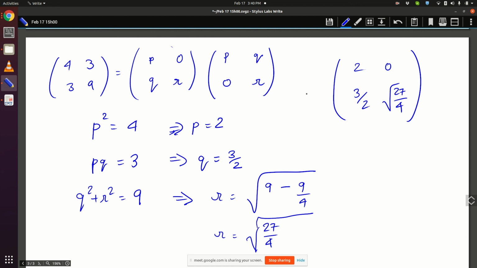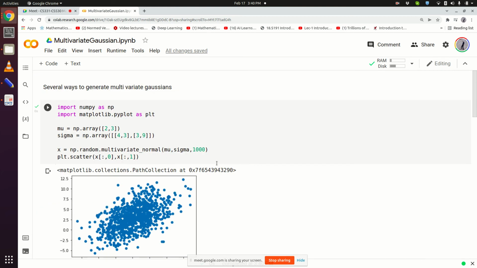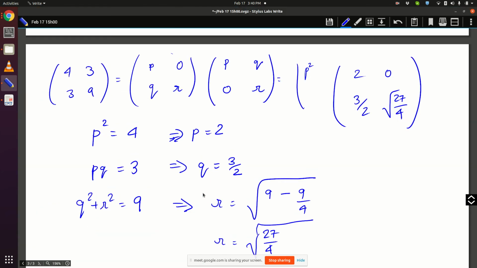So if I multiply, what do I get? I will get P squared, then P Q, that is correct, then P Q again, also correct, and Q squared plus R squared, which is equal to 9, with P Q being 3 by 2, then 9 minus 9 by 4.